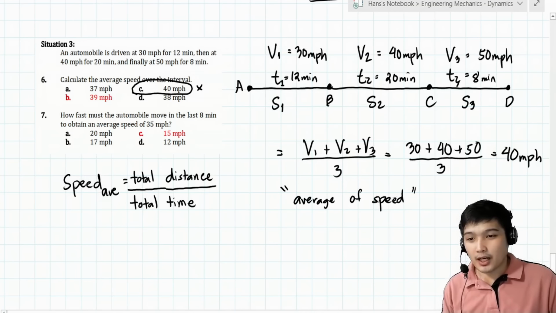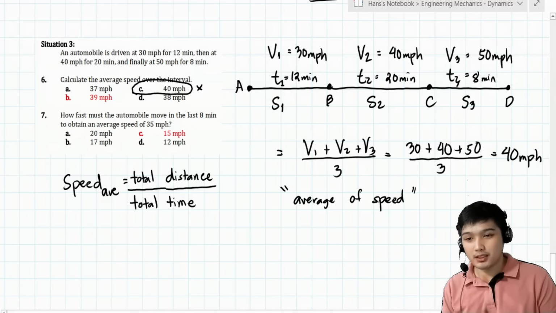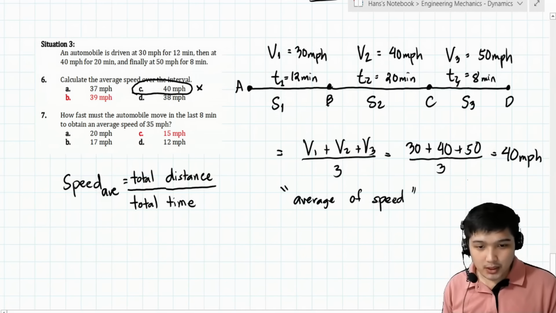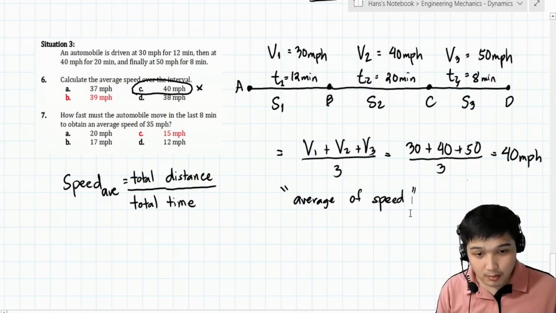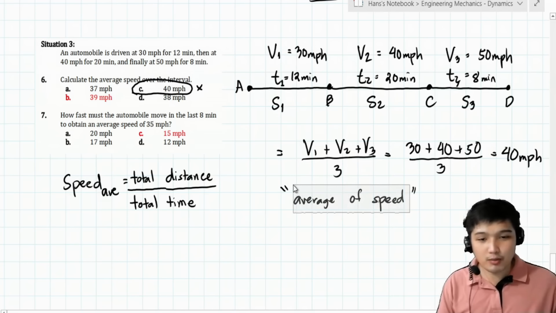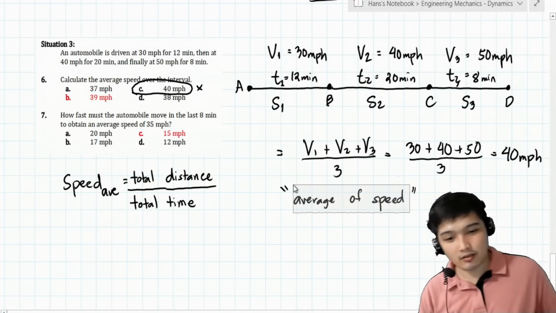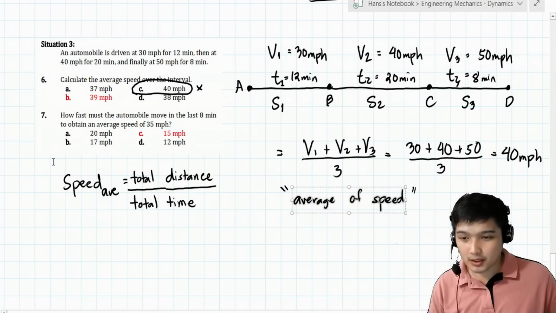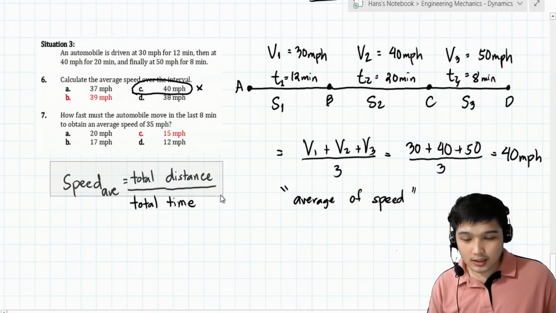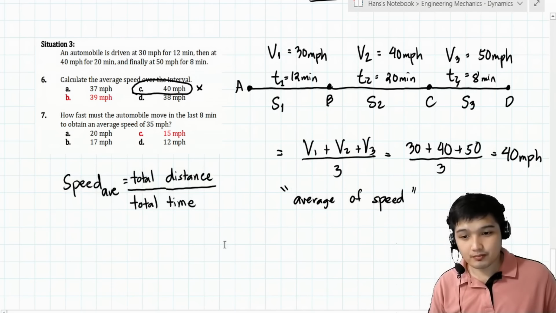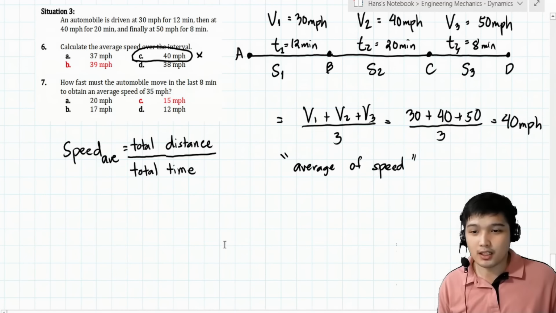Okay? Magkaiba, guys, yung average speed sa average of speed, no? Pag sinabing average of speed, yun nga yung literal na i-average mo yung mga speed niya, no? Average ng mga speed. Pero pag average speed, ito yon. Total distance over total time. Okay? So, baka maging ganun lang yung gawin mo.